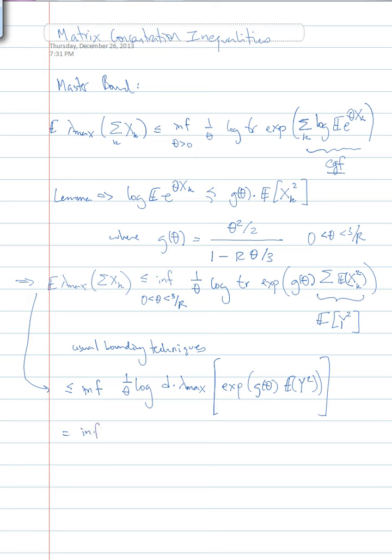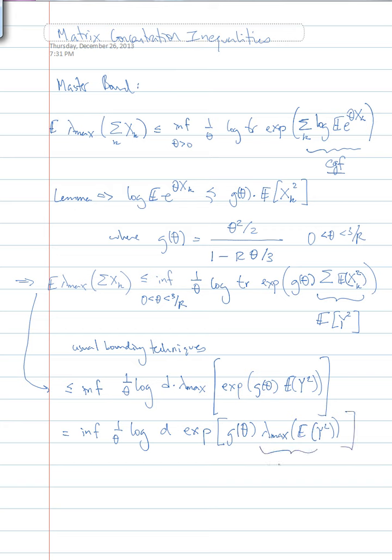So this is equal to, this is not a bound, this is equal to the infimum over theta, again in the range 0 less than theta less than 3 over r, of 1 over theta times log of d, and now lambda max has gone inside. So I have exp, and in fact it can go inside the g of theta because, as we've said, lambda max is a homogeneous function. So this is exp of g of theta times lambda max of the expected value of Y squared.